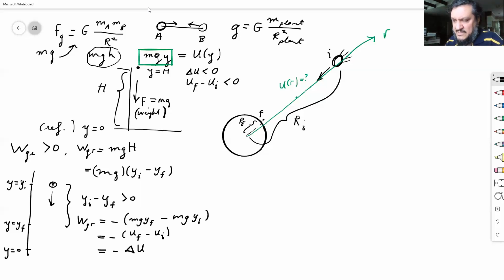And it's not really our topic today, but using this and the work energy theorem, which says that the change in the kinetic energy is equal to work.